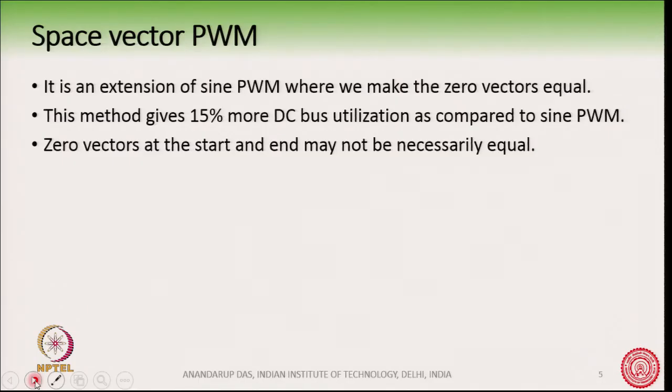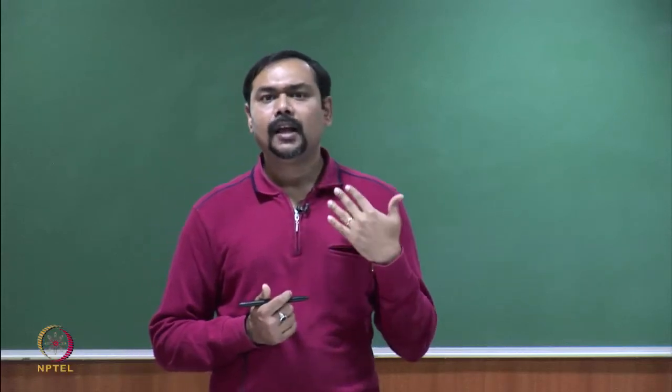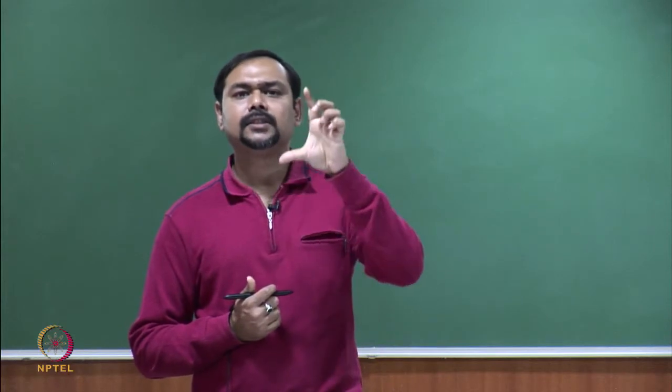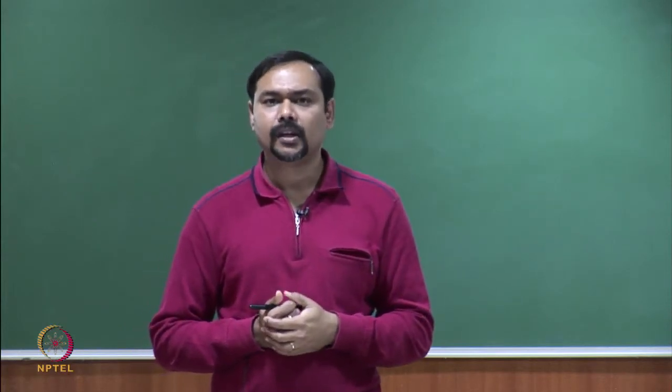Again, space vector PWM can be thought of as an extension of sine PWM, where we are adding a common mode voltage which is equal to V max plus V min divided by 2. The reason for this is that we are making the starting and ending vectors, the 0 vectors, equal.